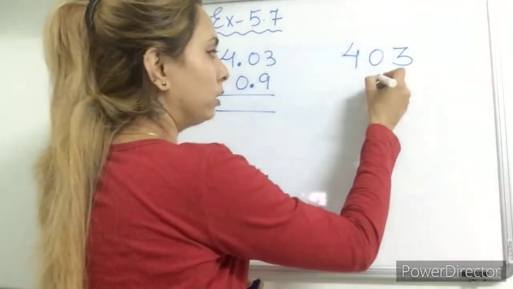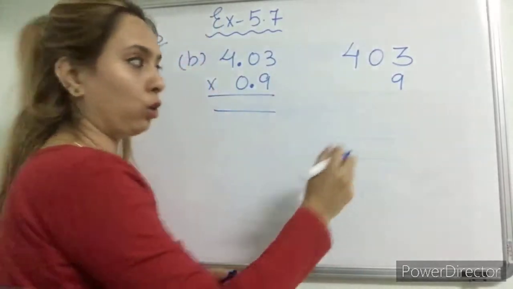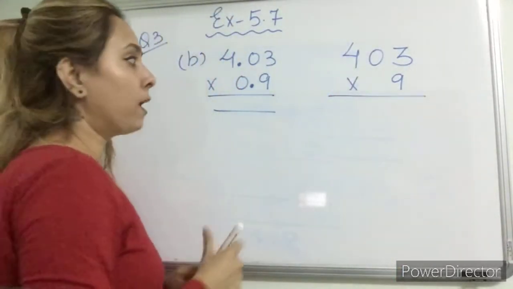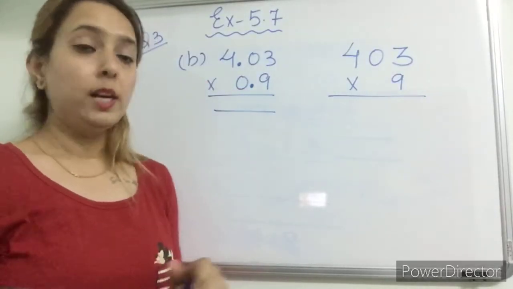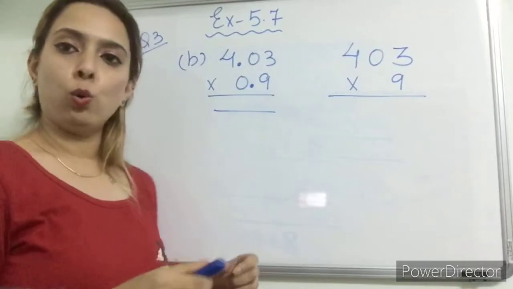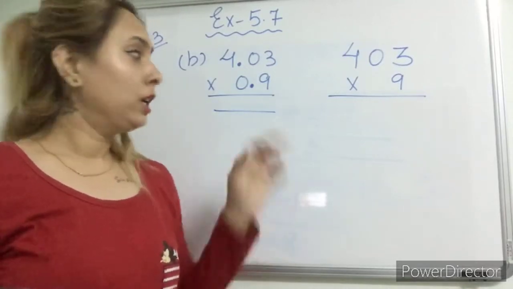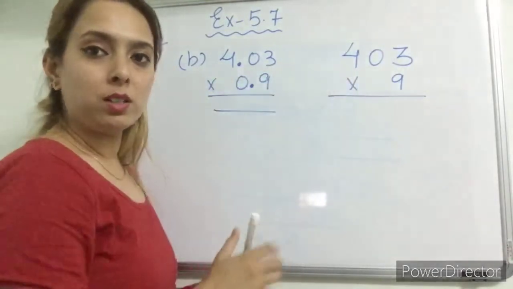So we will write 09, or you can write 9 also. Okay, let's start multiplying. When we remove the decimal, if we have 0 in the whole number part, this 0 doesn't have any value. That is why I have not written 0 here.